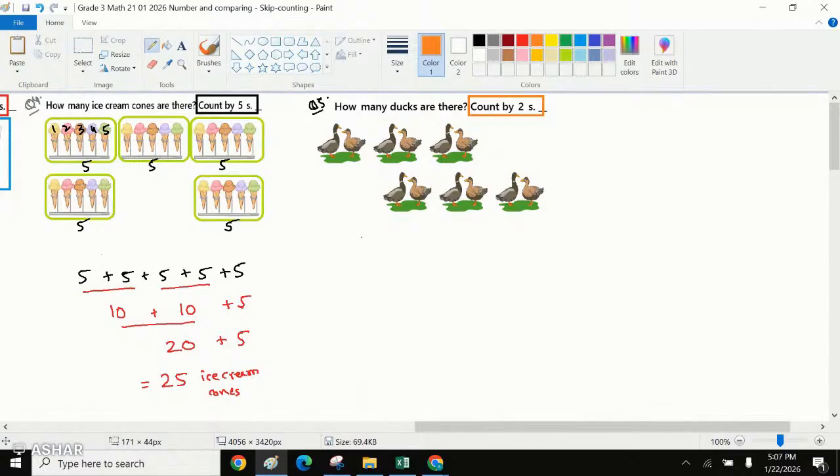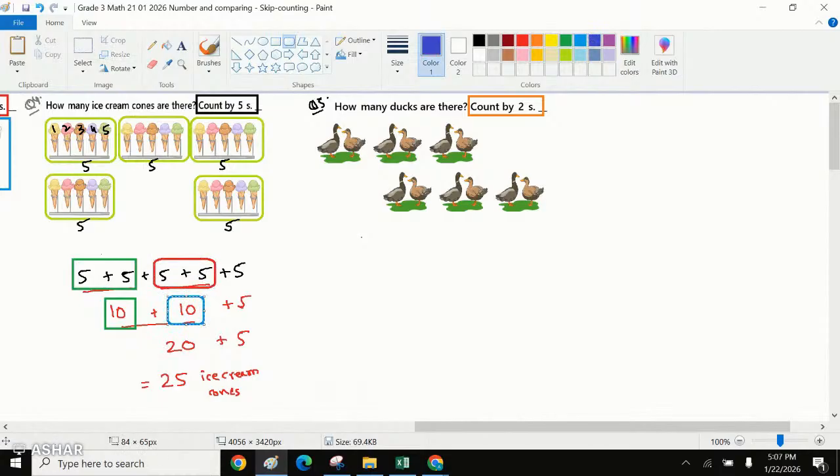Biruk, it would be 25, right? 25, because we know that for the previous question, 5 plus 5 was 10, right? 5 plus 5 was 10.